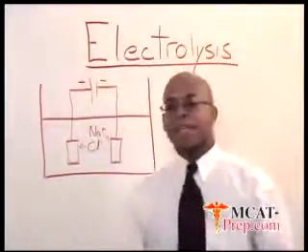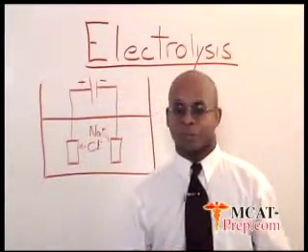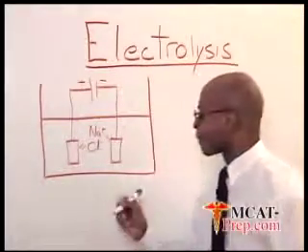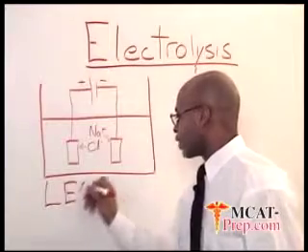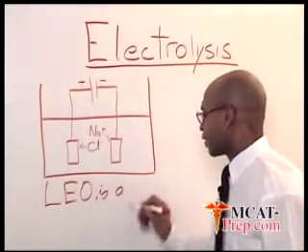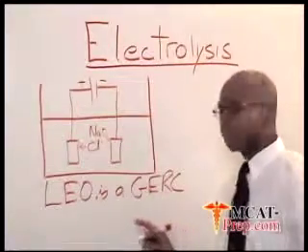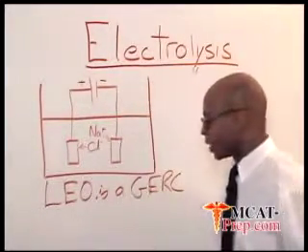Now, there is a mnemonic that you can memorize that will help you remember where the anode and cathode are. That mnemonic is LEO is a jerk. I suppose this would be more correctly pronounced "gurk," but that's not a great mnemonic.